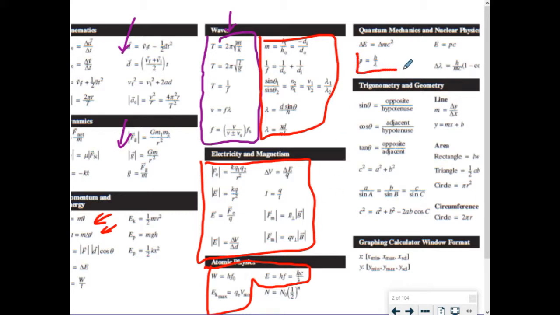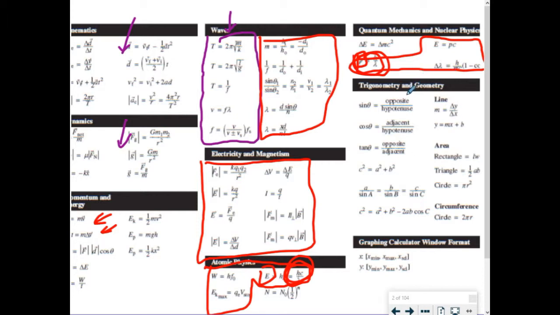We also covered this formula, and the top one really relates them. Energy is based on momentum and speed of light, which is basically this formula right here, along with this formula right here. The only difference between energy and momentum is it's Planck's constant over the wavelength, but this one has an extra c in it, which is why this one has an extra c in it. This one's the Compton formula.